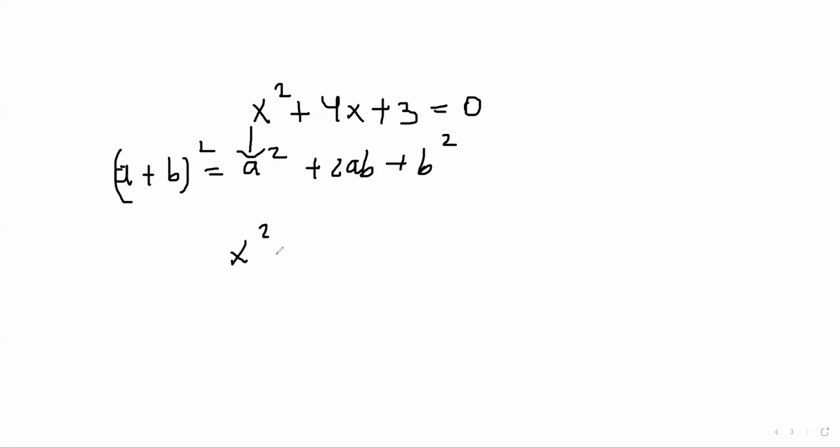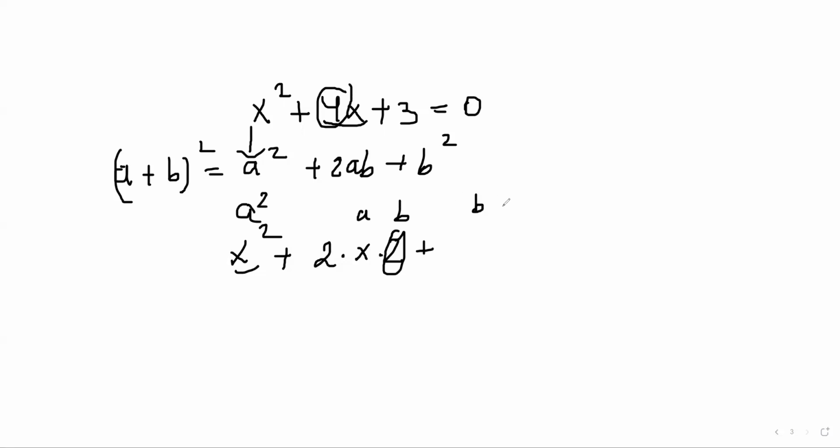So it's x squared plus, instead of midterm, here we have 4x, which means 2 times the first variable x times 2, because to get 4 here, we need to multiply 2 by 2. So it's 2 times x times 2, this is a, and this is b, so 2ab. If you remember, we need to add here b squared.